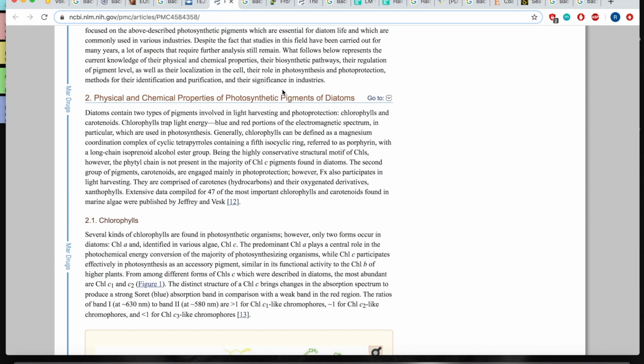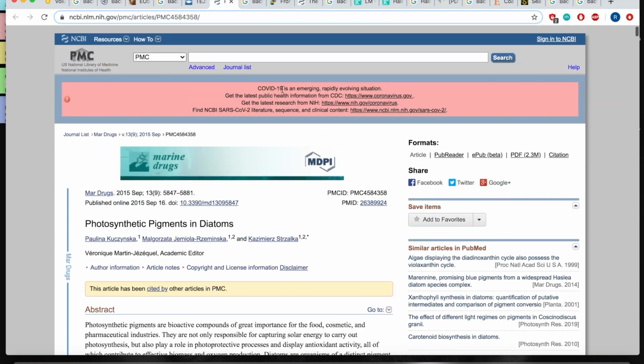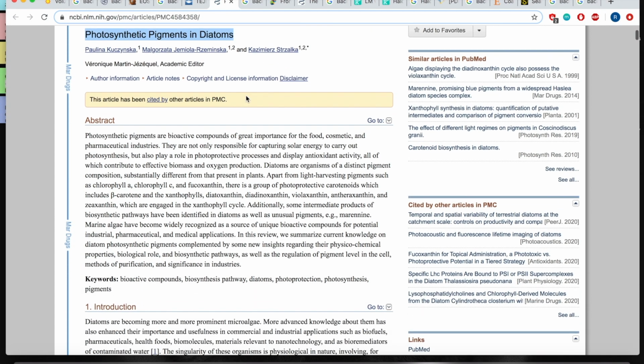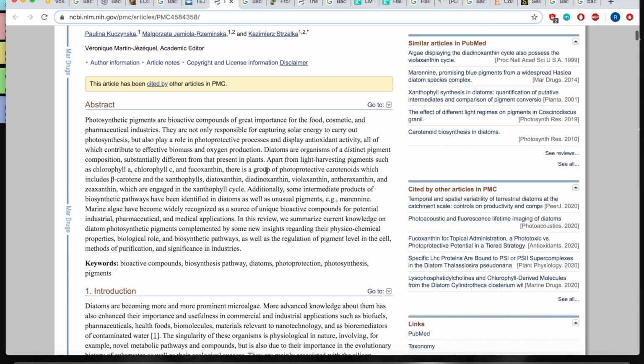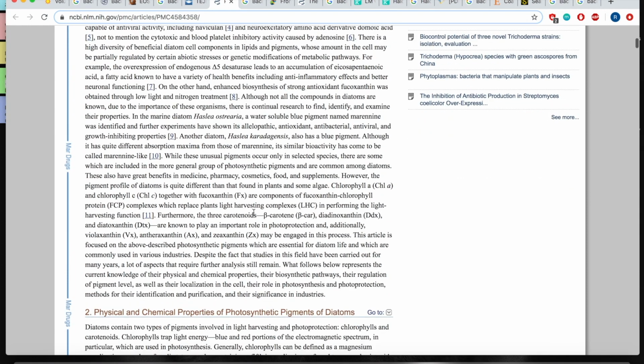So there's this source that kind of just lists all of them and tells you which ones are more common, or which ones are standard, whilst others may or may not be found.